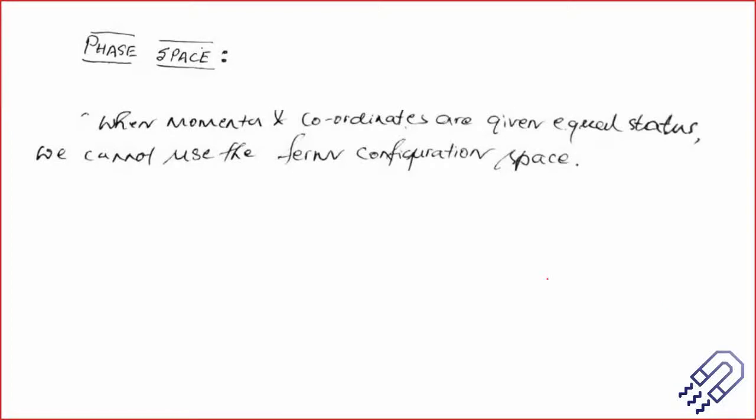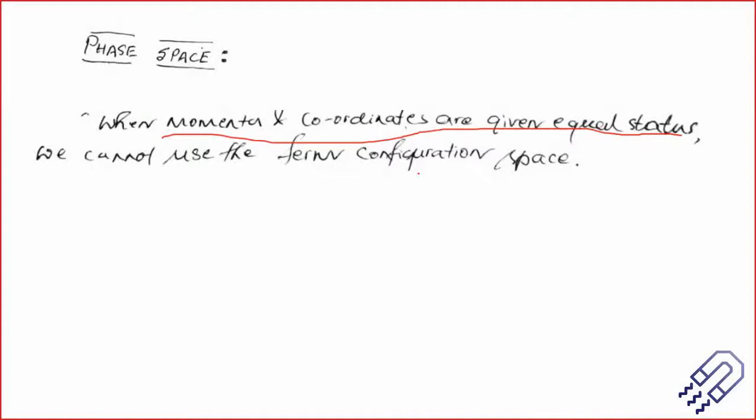When momenta and coordinates are given equal status, both are equally important. It's not that you consider coordinates and say momenta is not important. Both are considered equally, and based on this a space is designed.